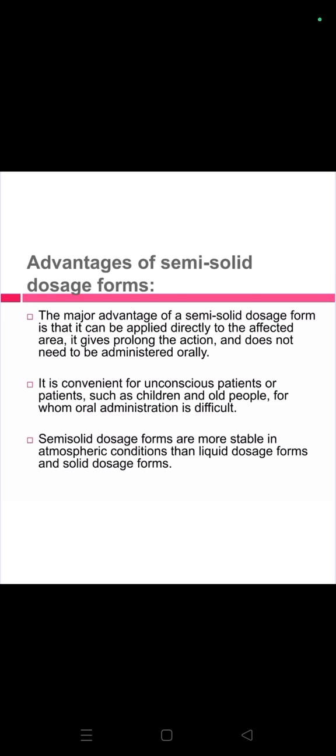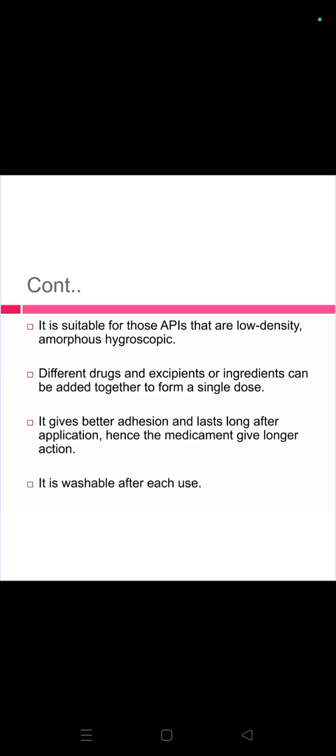Semi-solid dosage forms are more stable in atmospheric conditions than liquid dosage forms. Then it is suitable for those active pharmaceutical ingredients that are low density and amorphous hygroscopic.